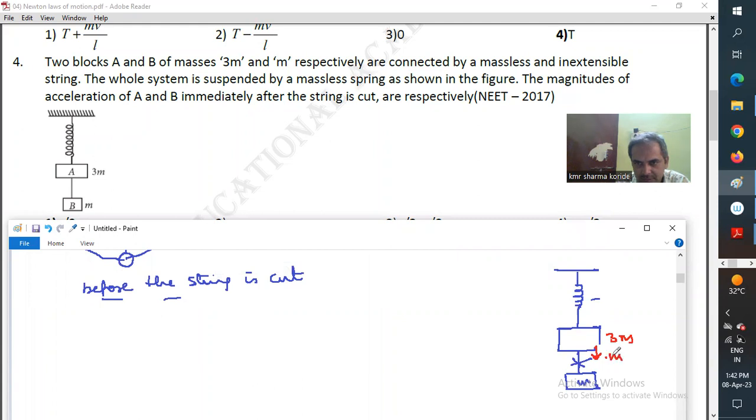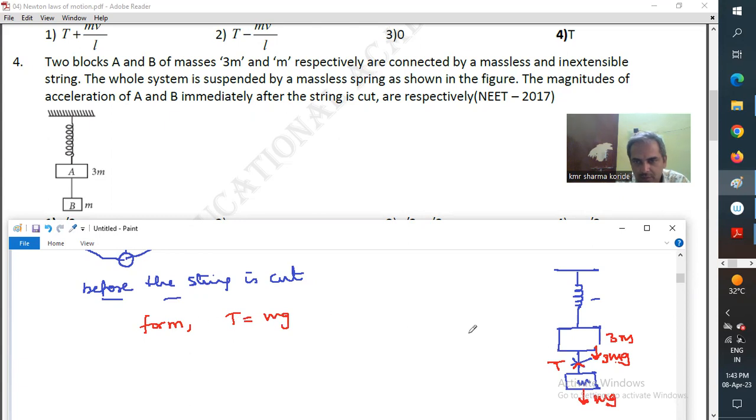So this is 3mg. Then there is mg here. So in order to hold the mg, there should be tension. So before the string is cut, for m, T is equal to mg.